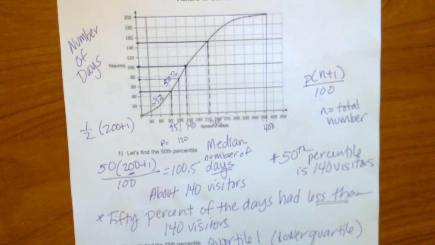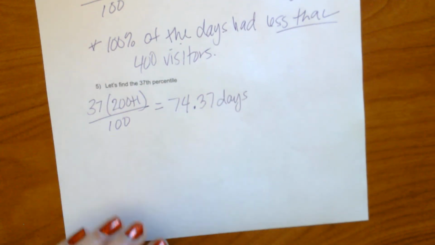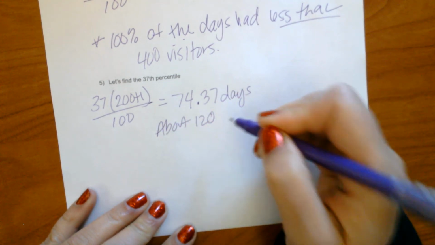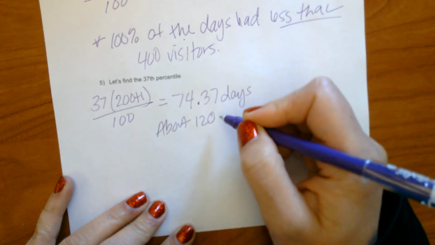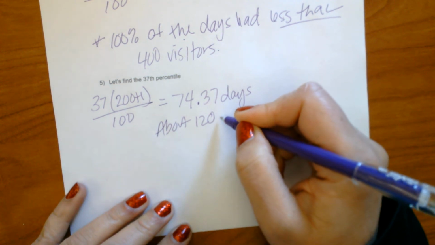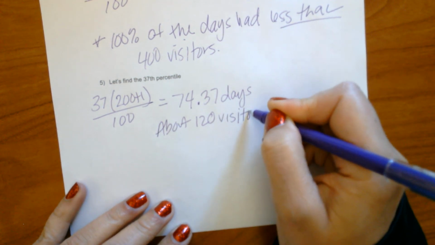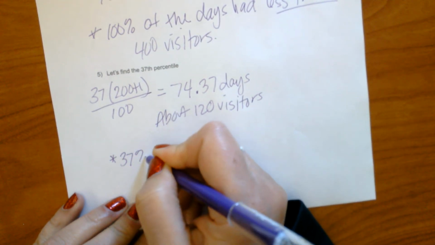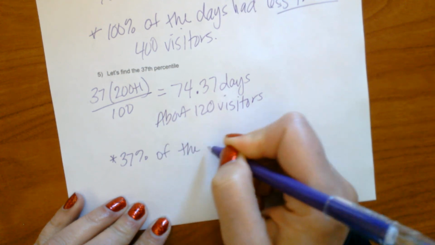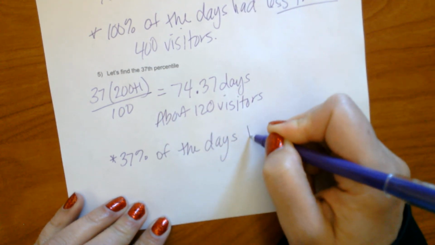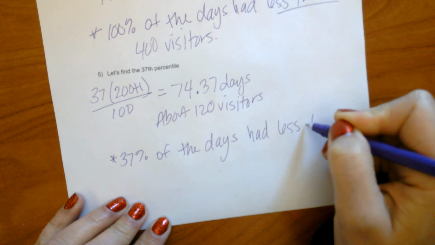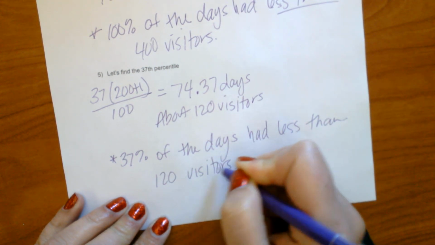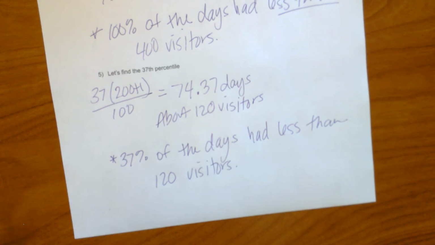Yay, that worked out really nice. Okay, so let's put about 120 because we're estimating here. We don't have a perfect scale, and we don't have all of the data. We don't have the raw data. So about 120 visitors. Let's write our sentence. 37% of the days had less than 120 visitors. Yay!